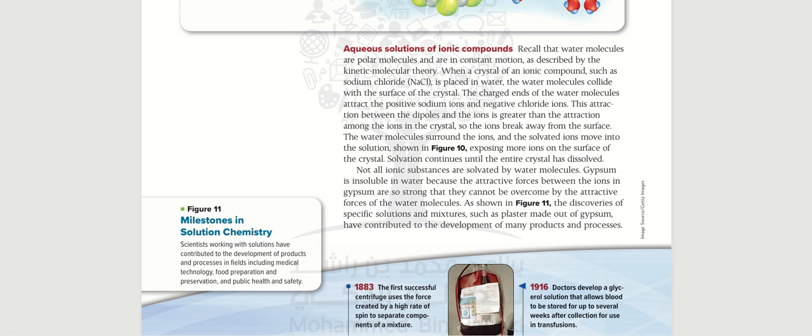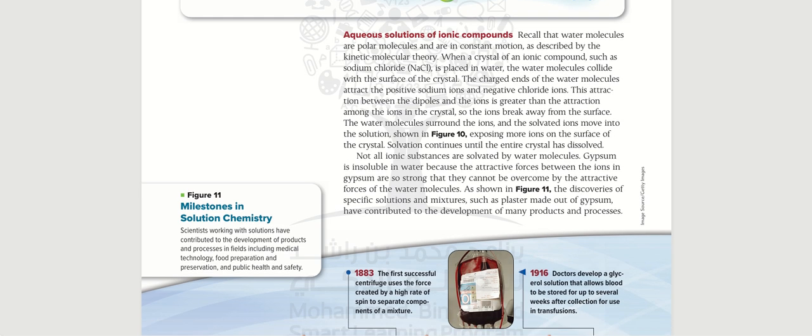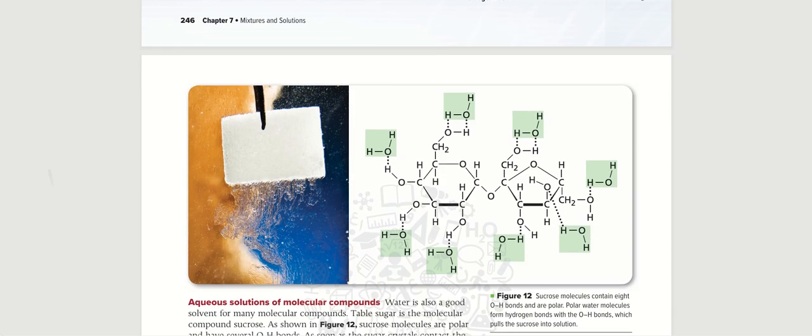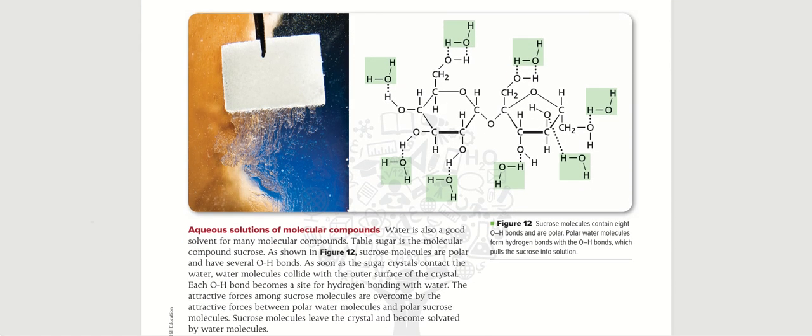That means in an ionic compound there is positive and there is negative, because there is complete transfer of electrons, and one atom gains electrons and becomes negative, and the other atom loses electrons and becomes positive. Positive and negative, like sodium chloride. What about covalent bonds? There is, for example, sucrose, which also dissolves in water, but there is no ionic bond, it is all covalent bonds. Okay, but still it is polar, because there is also oxygen, and oxygen is a high electronegativity atom.